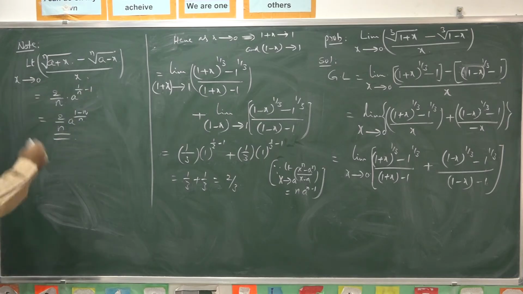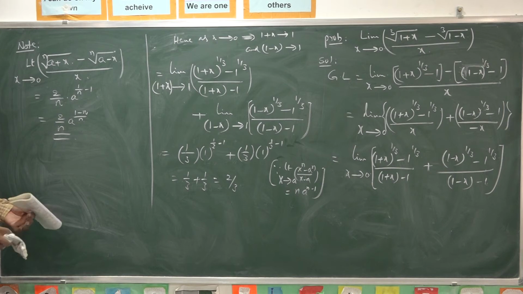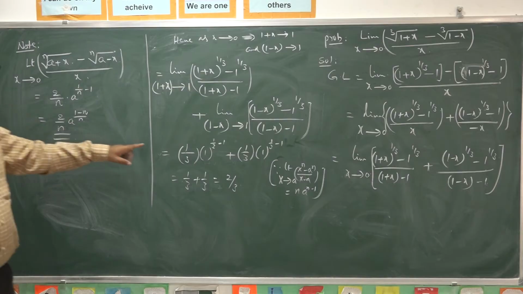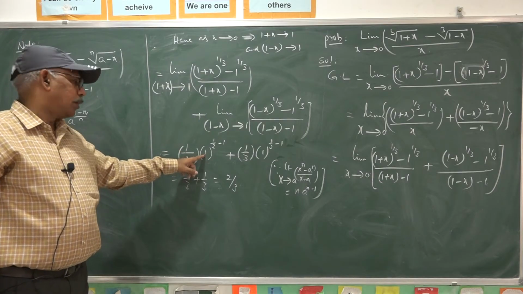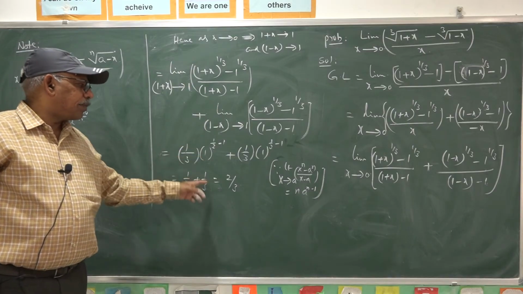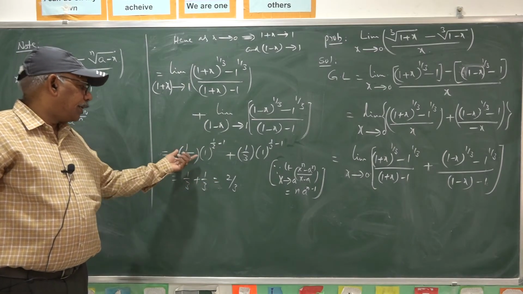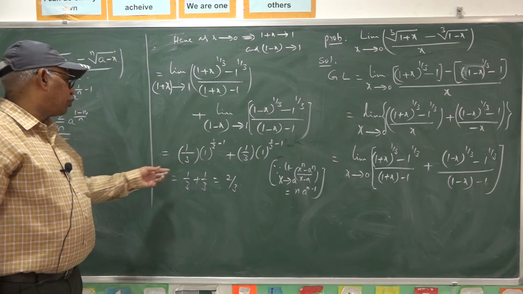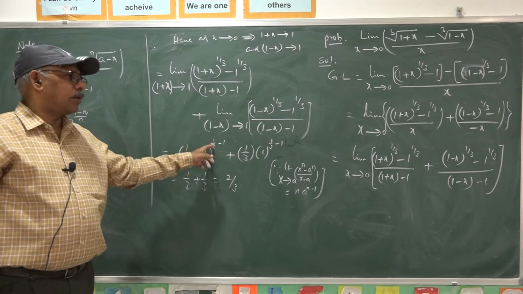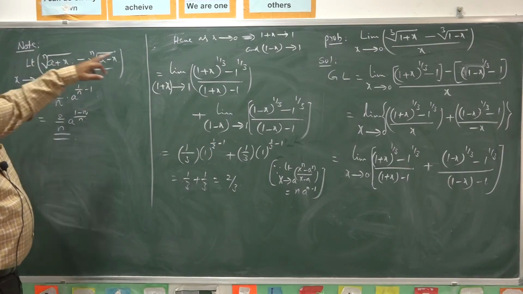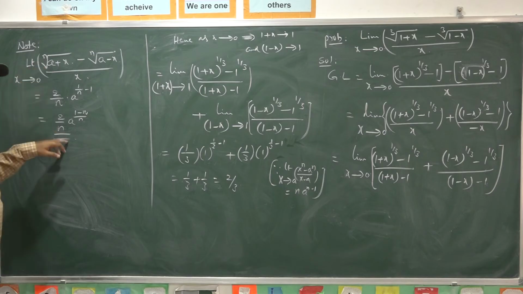In case of evaluation of such limits, you can apply this formula, because here a is clearly 1. This term is the same, so it is the total term that we get twice. So 2 by 3 multiplied by a power 1 by 3 minus 1, or 1 by n minus 1, because instead of 3 here we have n.